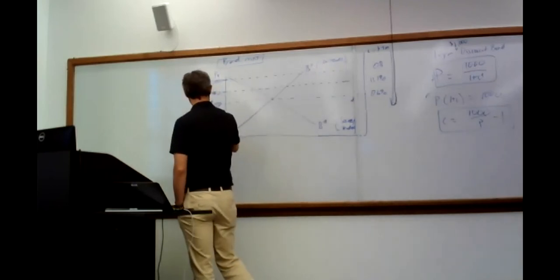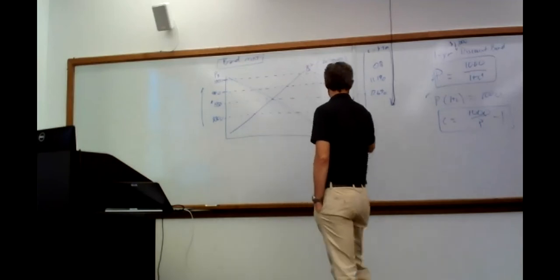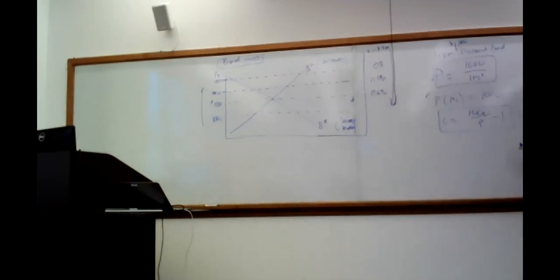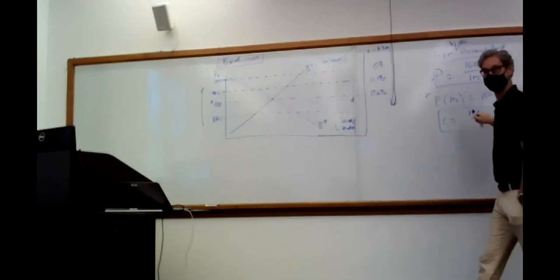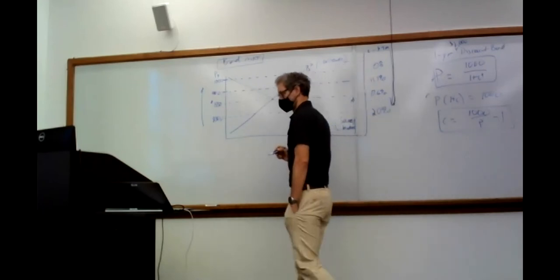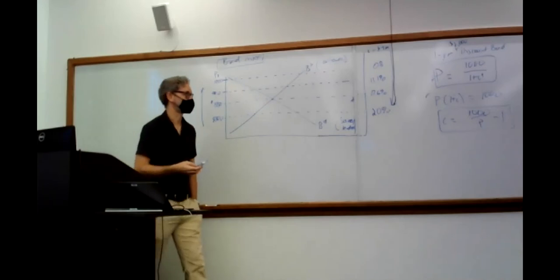What if bond prices were 800? What would the yield to maturity be? 1,000 divided by 800 minus 1, 25%, sorry.